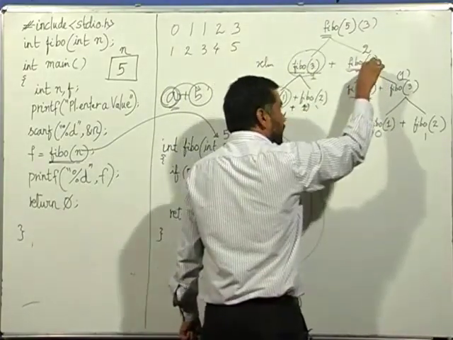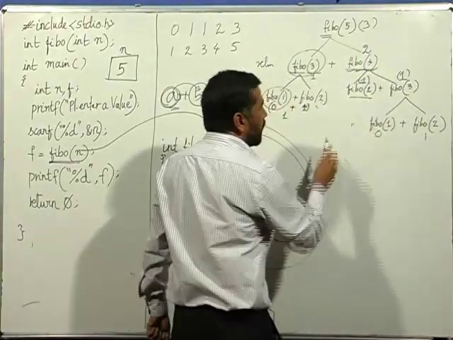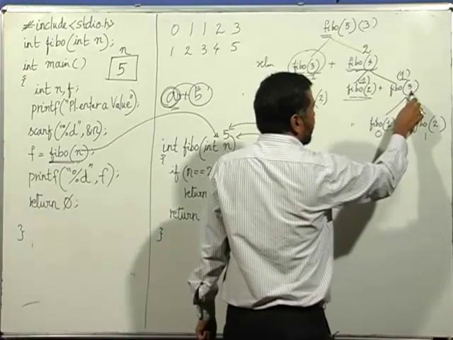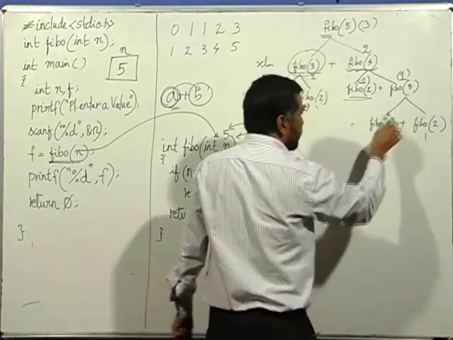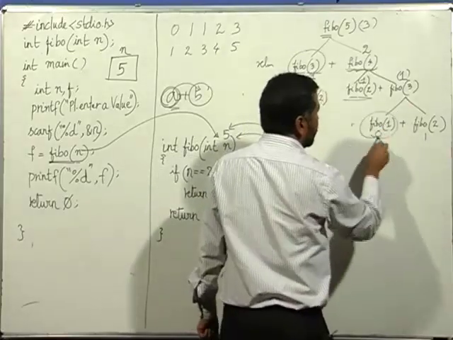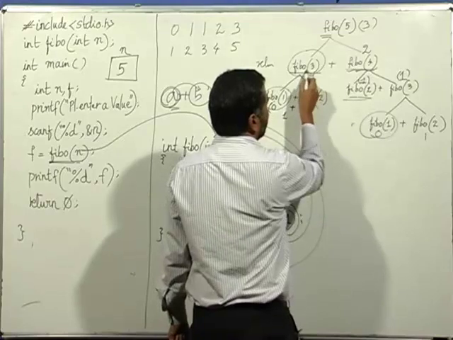Once this is evaluated, this has to be evaluated. For 4 to be evaluated, we need 2 and 3. 2 immediately gets evaluated to 1. But fibbo of 3 will be evaluated only with the help of 2 more recursive function calls. Out of these two, this will be evaluated first. So first this, then this comes here.